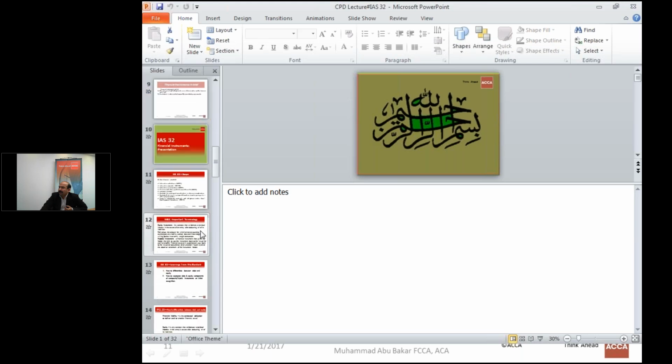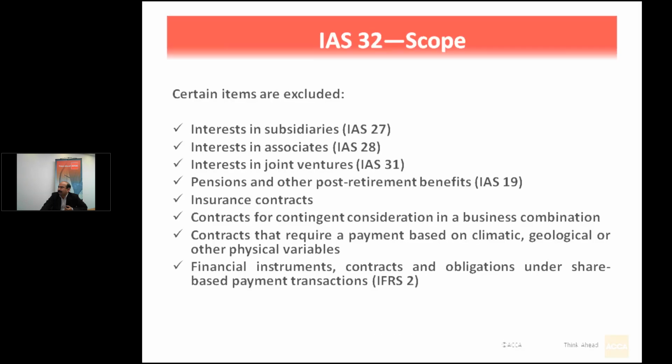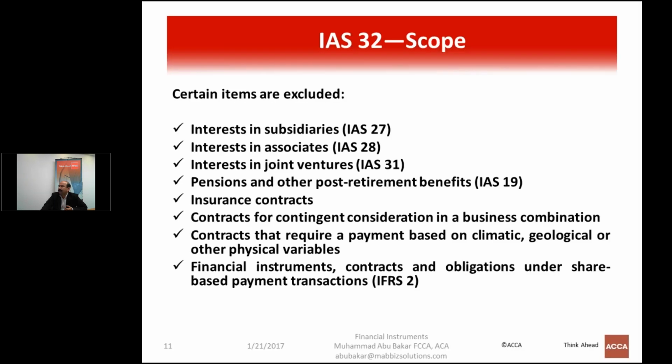Here we discuss the scope. I just want to refer to this slide. Certain items are excluded, and this is not only for IAS 32, it is also for IFRS 9. So pensions and other post-retirement benefits, IAS 19, are not covered under these standards. Nusa, I hope it is clear. Is it clear, Nusa? Okay.